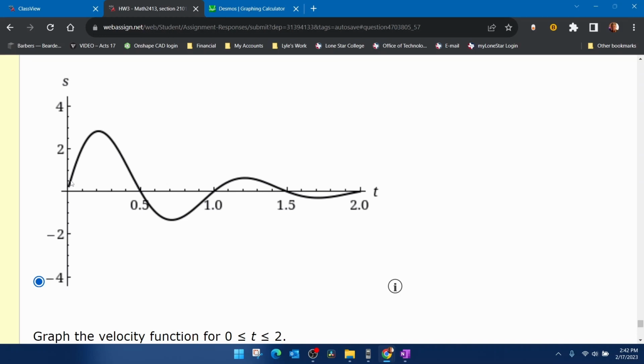And so a steep line would indicate a large slope, which would indicate a large y value on the velocity graph. And then what happens to the slope of the tangent at the hilltop? Well, it goes to 0. Remember, that corresponds to the y value on the derivative function. And so somewhere around a quarter, we would expect an x-intercept, a y value of 0.